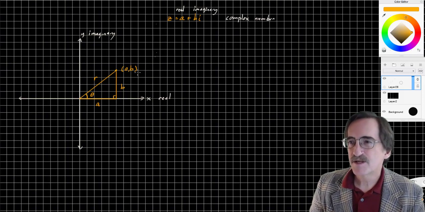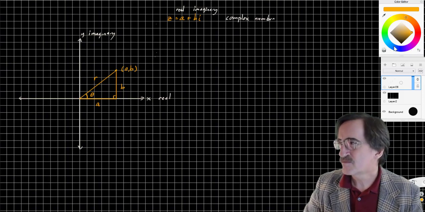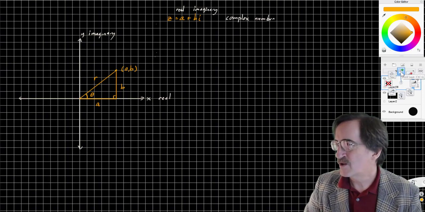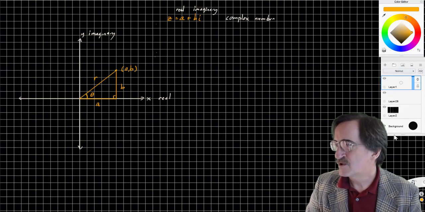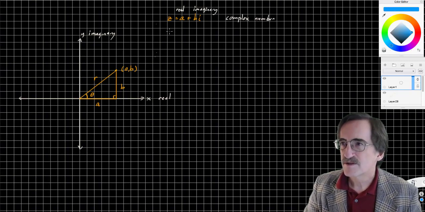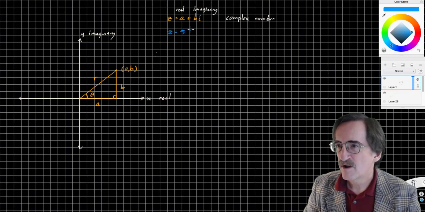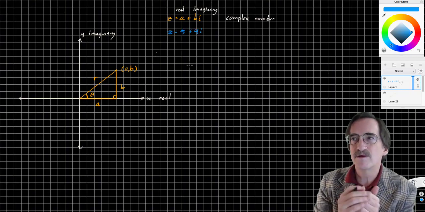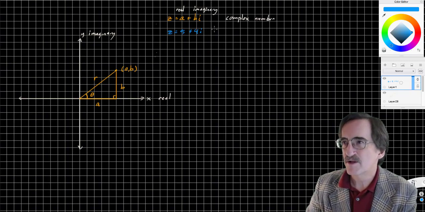So let's take an example here. I'm going to add a layer so that I can draw on this and revert back to it. Let z equal 5 plus 4i, and we're going to rewrite this in polar form.